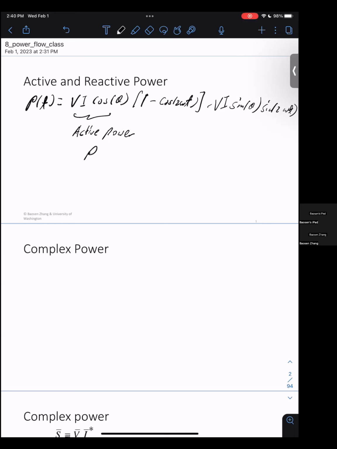So if you call active power P for power, then for reactive power, you just call it Q. Again, active power is a power that does work. It flows from source to sink. Reactive power is a sine wave that oscillates between the generator and, let's say, an inductor. That's the oscillation you have in the system.